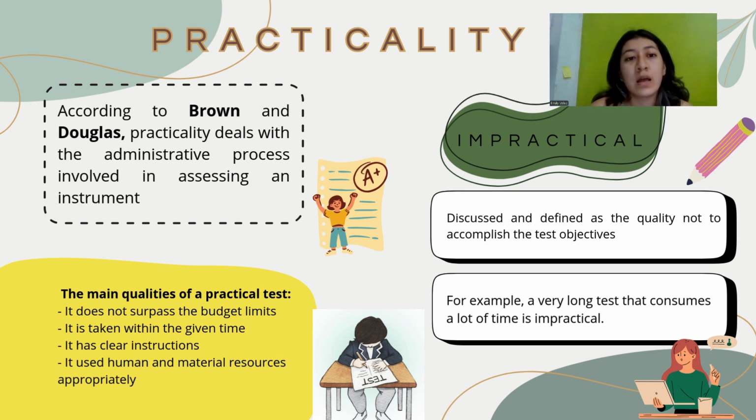For example, a very long test that consumes a lot of time is impractical. When a learner takes almost no time to take a test and the teacher spends several hours to evaluate it, that is another example of an impractical test.